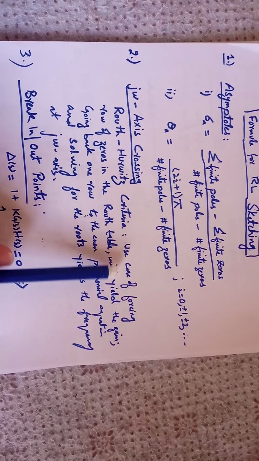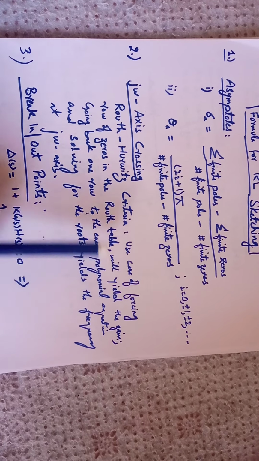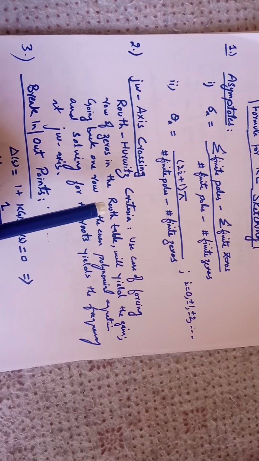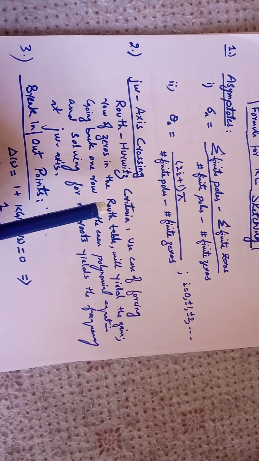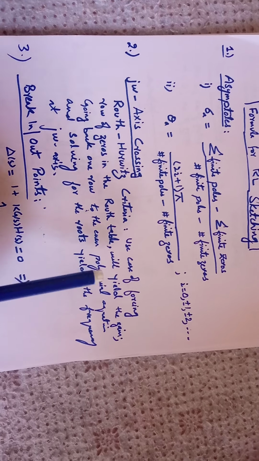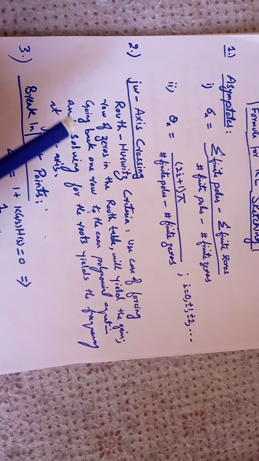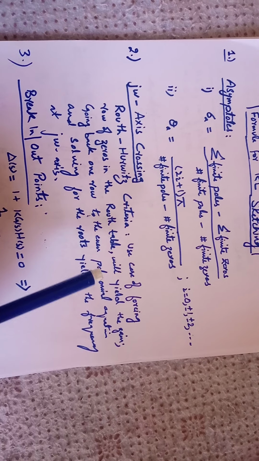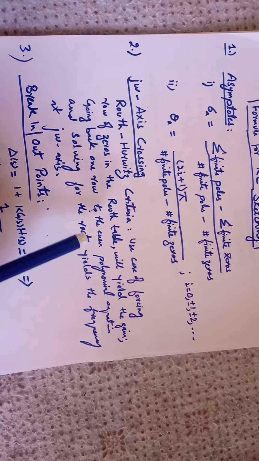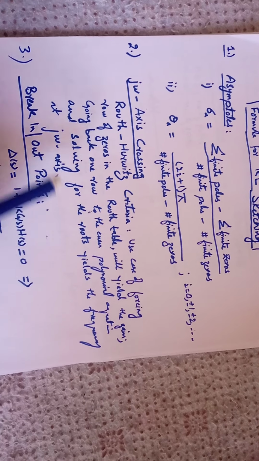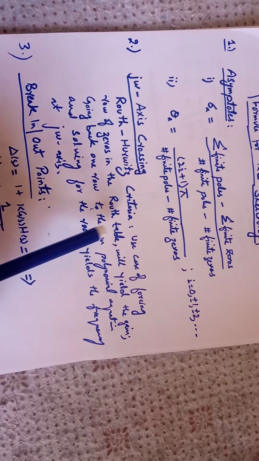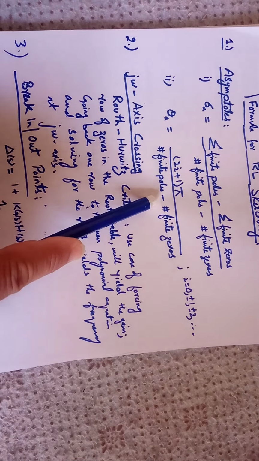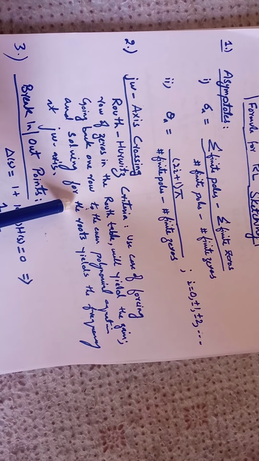We use the case where a whole row becomes 0. We calculate the value of k that makes a row 0, then go back one row to the even polynomial, put in that value of k, and solve for the root that yields the frequency at the j omega axis. So this is the second part: first the asymptotes, then you have to find the j omega crossing.